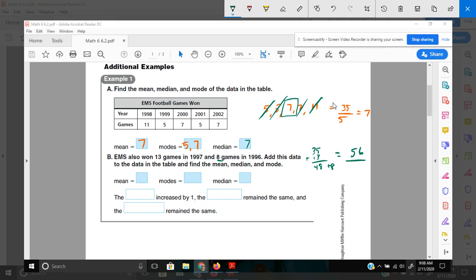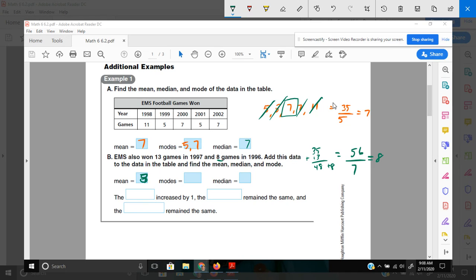Divided by my total number of games now would be 7. The original 5 plus these 2 games, it's 7. 56 divided by 7 is 8. So my mean or my average now would be 8.